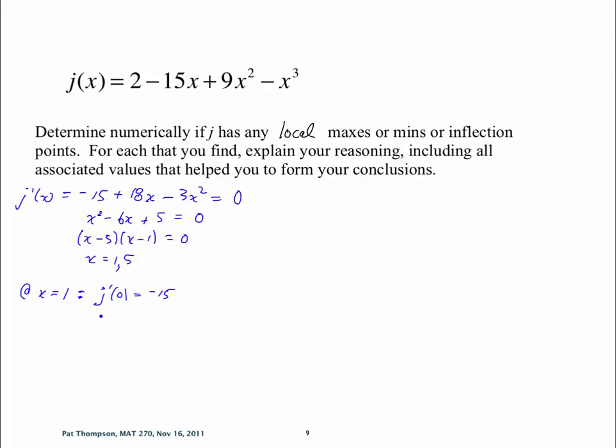And if I go a little bit to the right of 1, say 2, what do I get there? 36 minus 15 minus 12. Is that 11 or 9 or what?